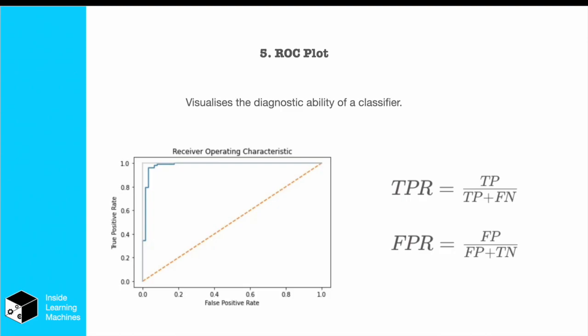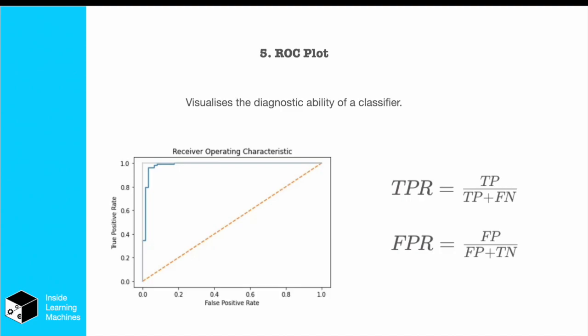Now what do we mean by this? A classifier does not output a nice, neat class label from its output. What typically happens is that our model will output a probability. It outputs a probability that a sample belongs to one class or another.